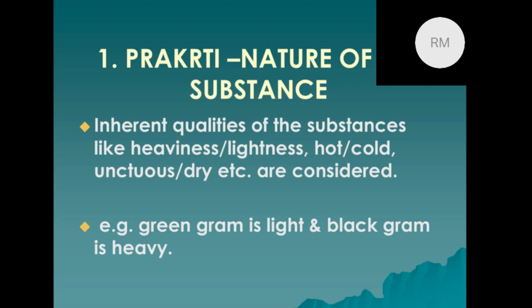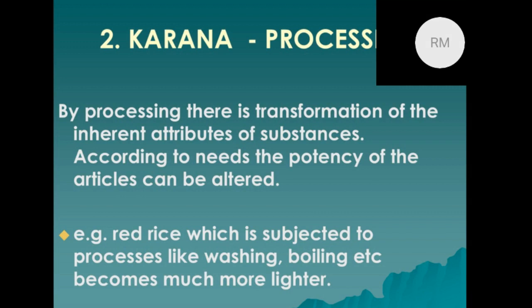And the second part is processing. This is a very important principle. By processing foods, its properties can completely change for good or for bad. Something which is good can become bad because of processing, like for example oil.